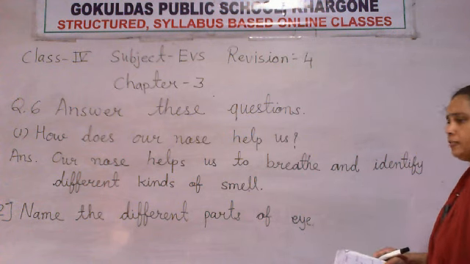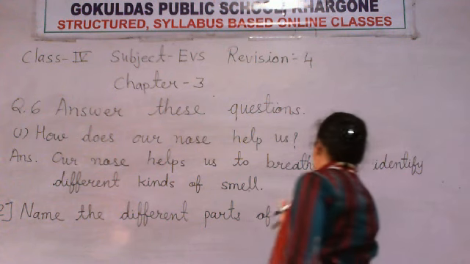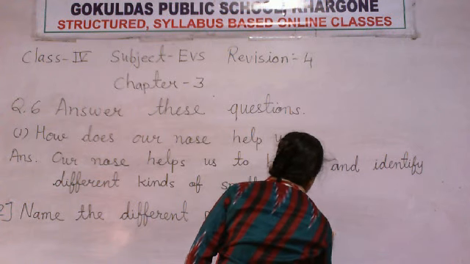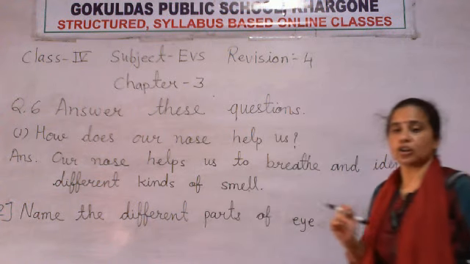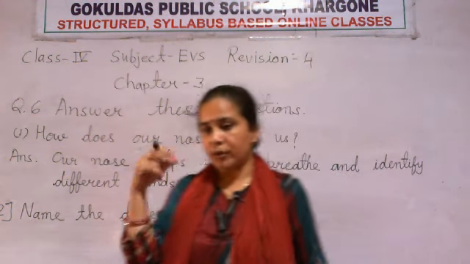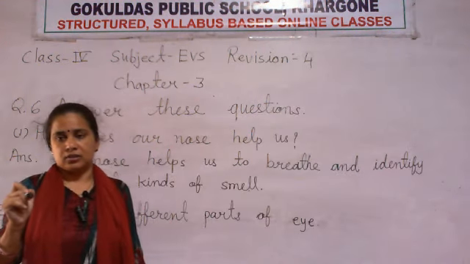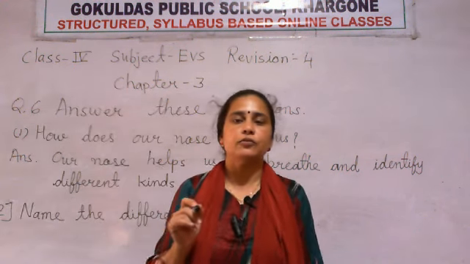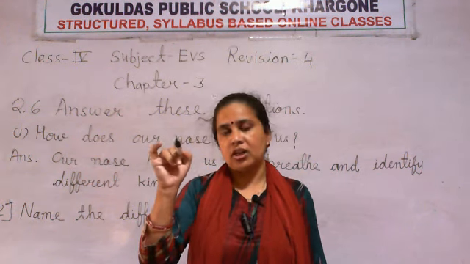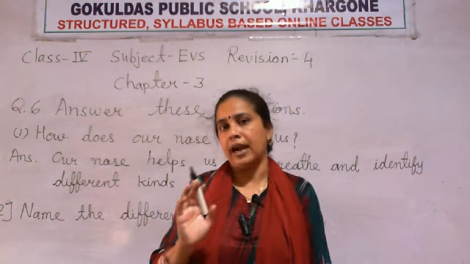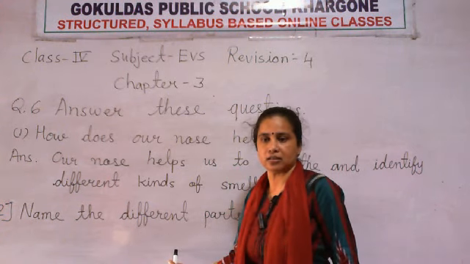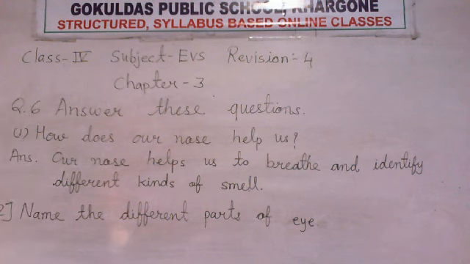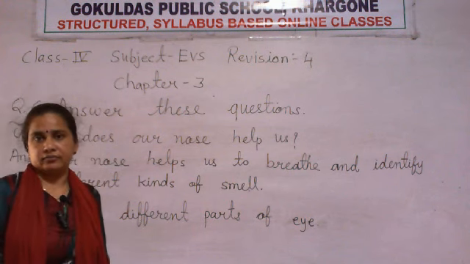This question is related to the picture of eyes. You also practice that picture. You have to label the different parts of your eyes. You make a picture and label that. So you write only the names of the parts here. And this question I also give you in the worksheet.